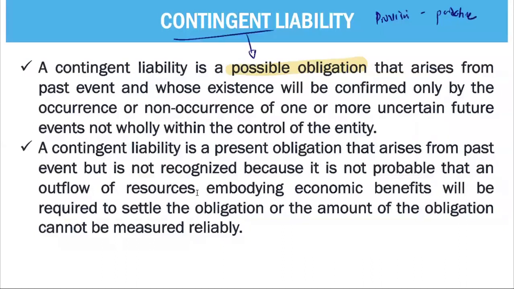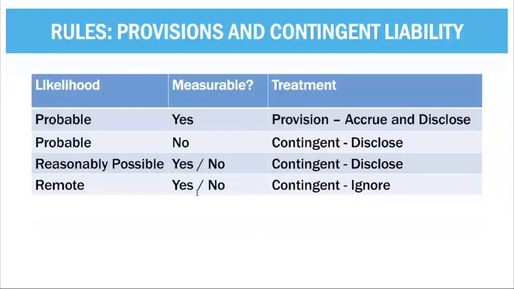So probable pa rin ang ating provision although uncertain ang timing or amount. Further, a contingent liability is not recognized because it is not probable. Kaya nga, it is only possible. So what are the rules then? So what are the rules on your provisions and contingent liability?